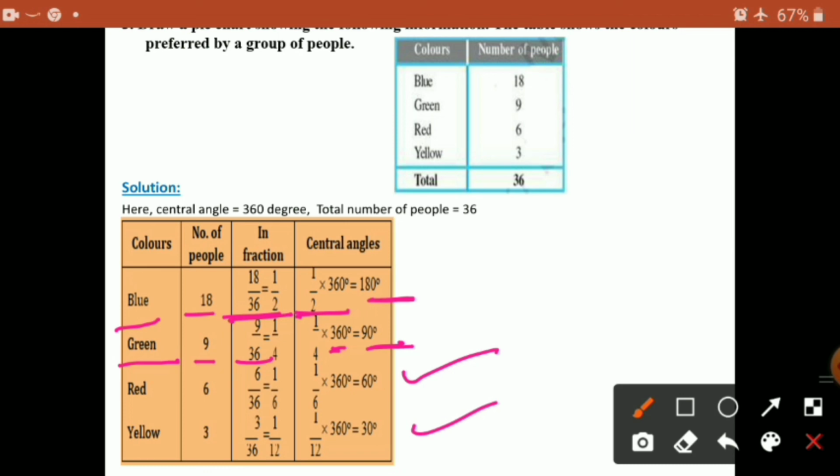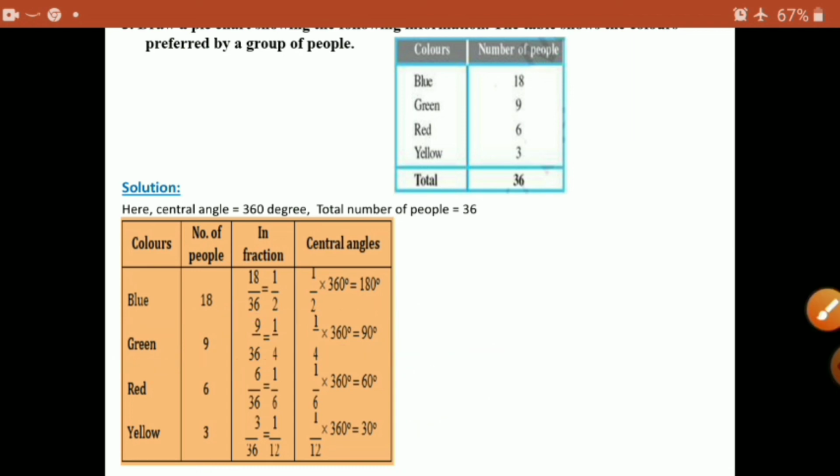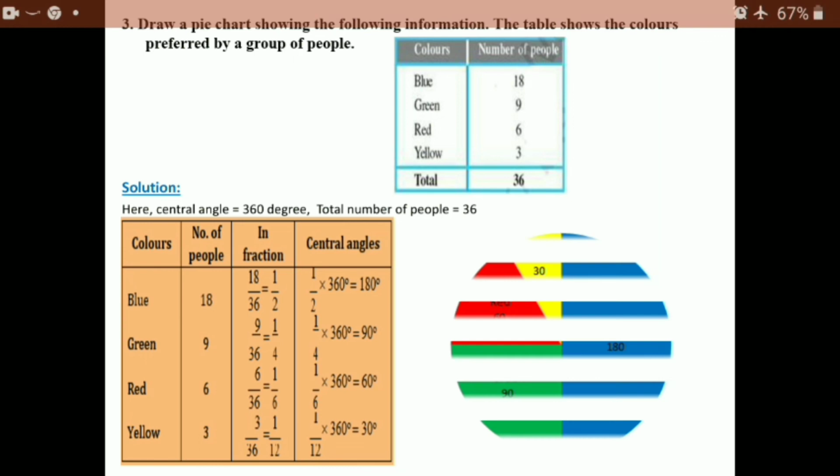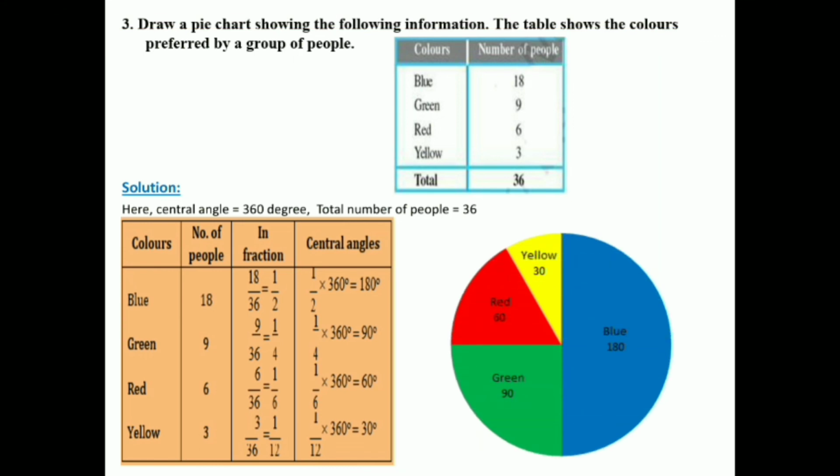So here we find all the central angles for all the colors, and then we can easily draw a pie chart. As you know how to draw a pie chart, you can draw this one. So this is the pie chart for this. Just refer to this example and solve it in your notebook.